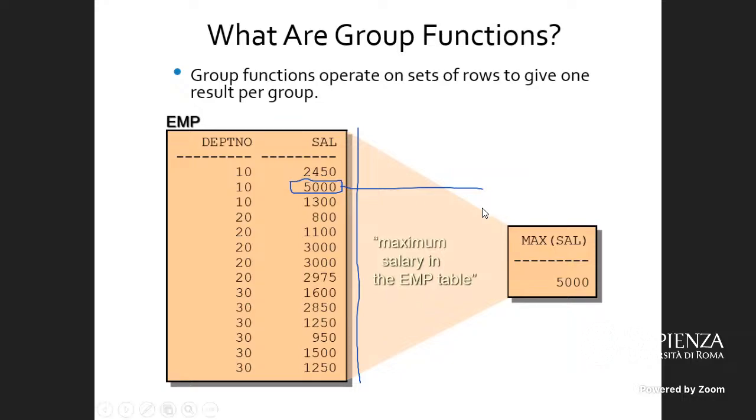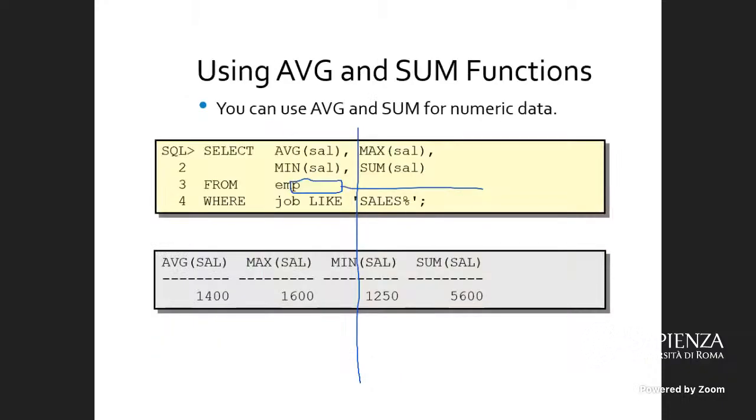That is what it does. It doesn't do more than that. So group functions operate on sets of rows to give one result per group. They operate in a columnar way. So that's group functions for you.